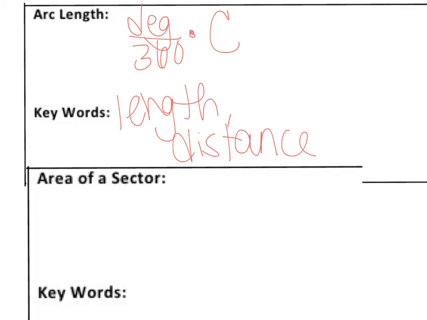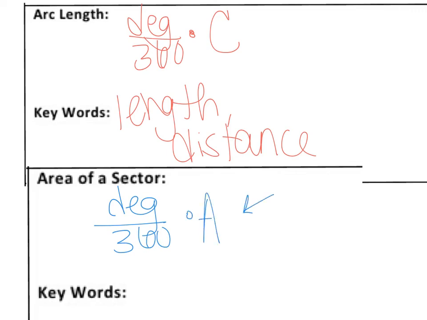Similarly, area of a sector is again just the portion of the area of the circle. That fraction is still degrees over 360. This time we multiply by area of a circle. Again, we know area of a circle is pi r squared. Good keywords here are going to be anything involving area.